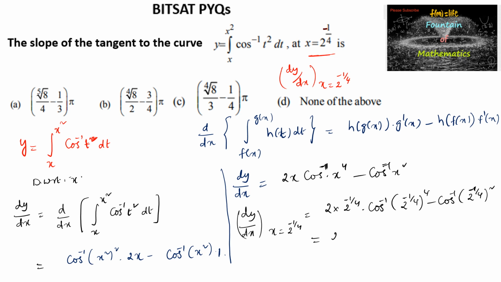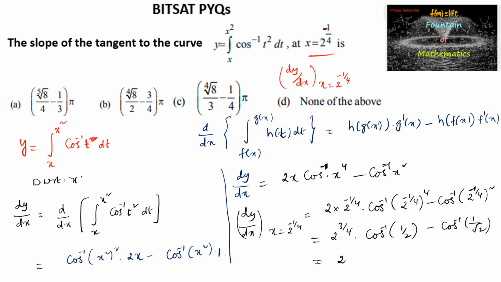So we can write 2 to the power 1 minus 1 by 4, which is 3 by 4, into cos inverse of 2 to the power of minus 1, that is 1 by 2, minus cos inverse of 2 to the power of minus 1 by 4 whole square, which is 2 to the power minus 1 by 2, that is 1 by root 2.